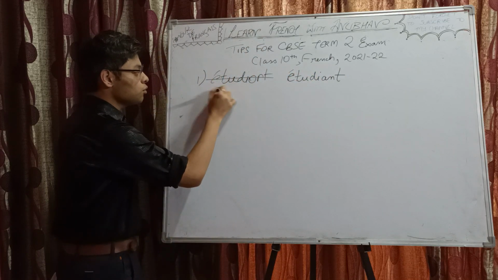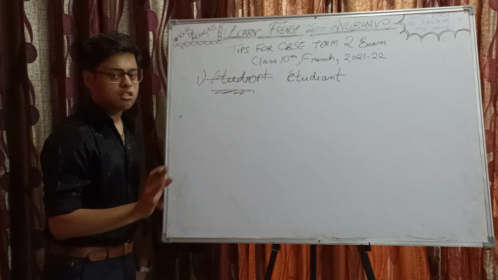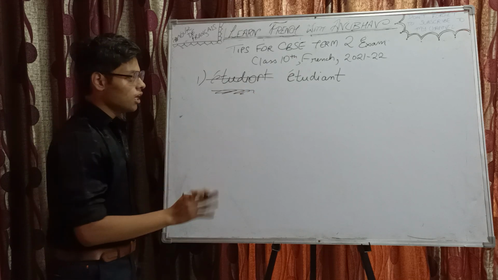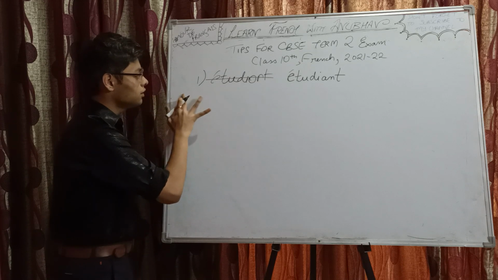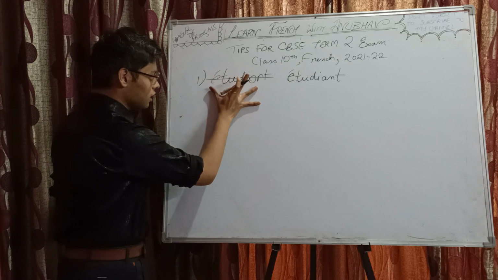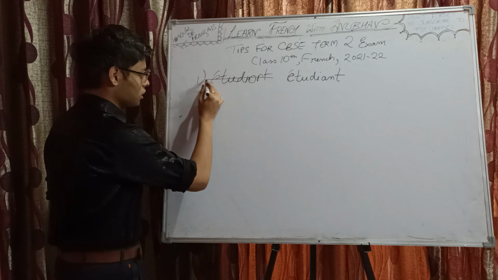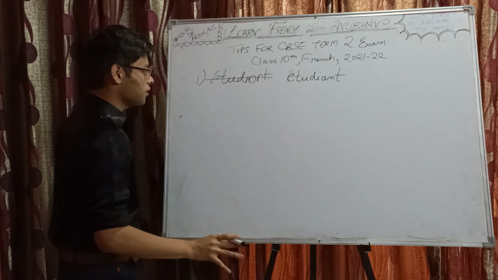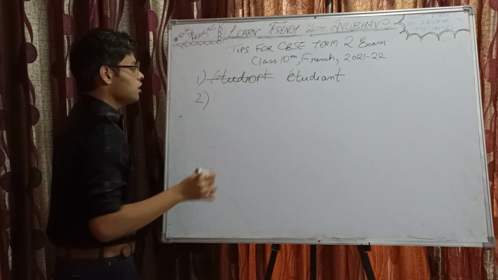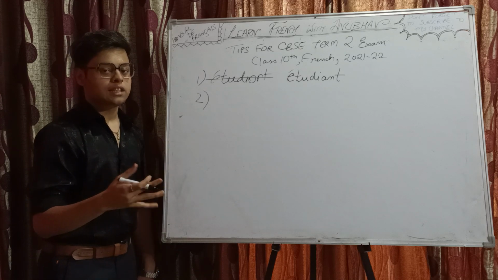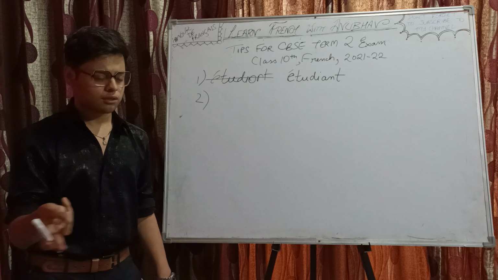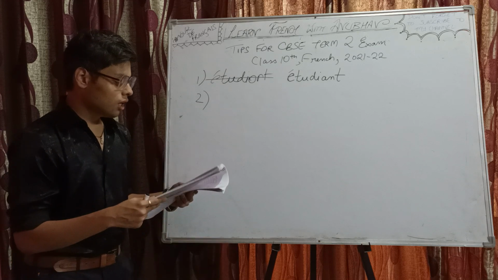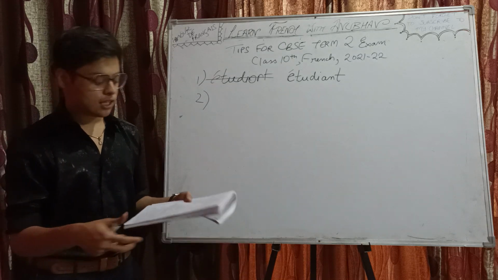No need to smudge or scratch with the pen. It looks very bad, right? It doesn't look good. So if you committed a spelling mistake, just put a single line and then write it. A majority of these tips will be helpful for you in your future exams of any subject, for a subjective paper specifically.